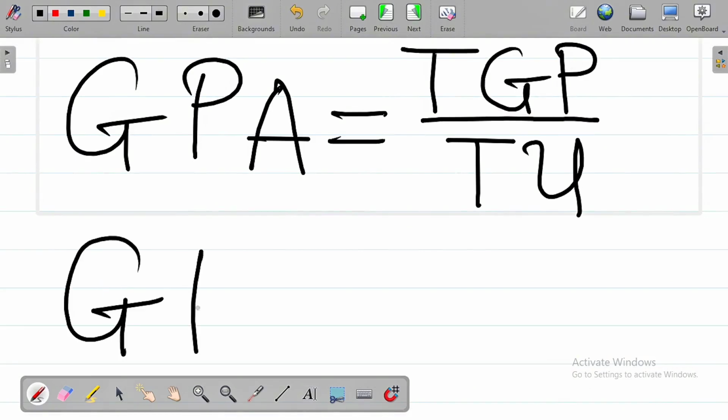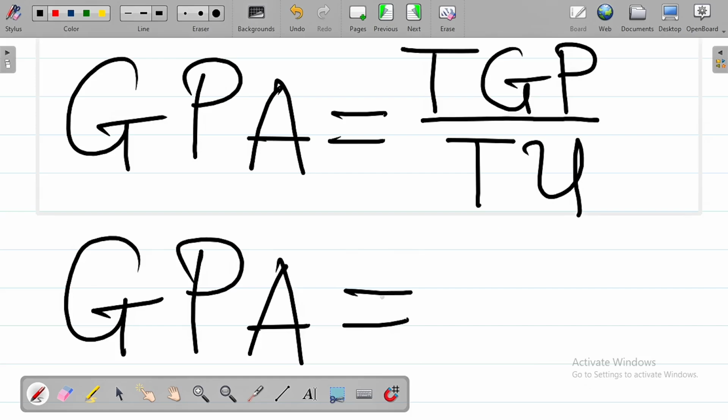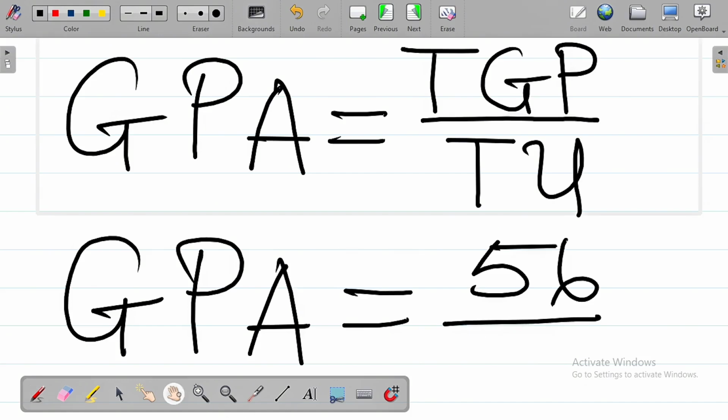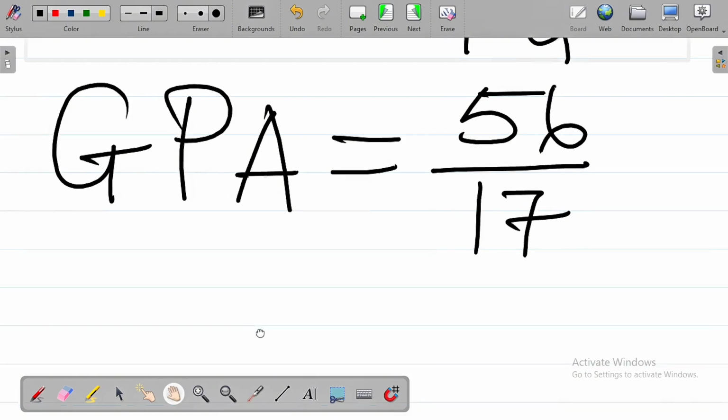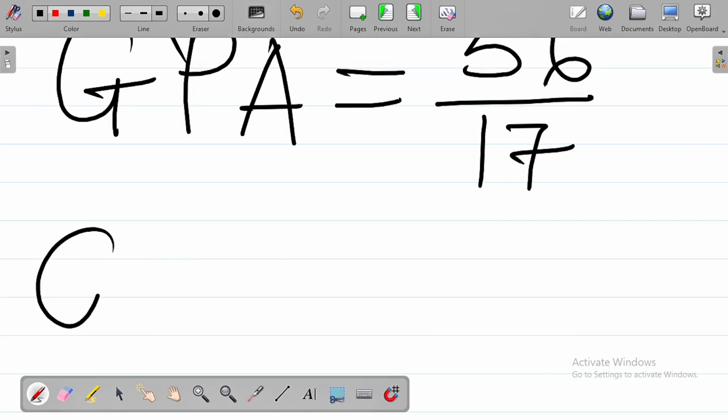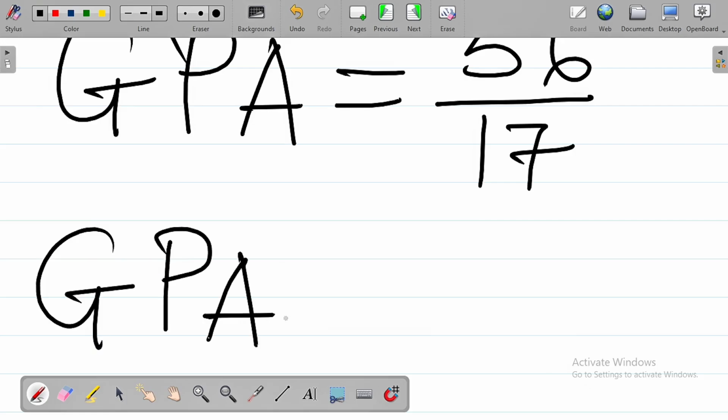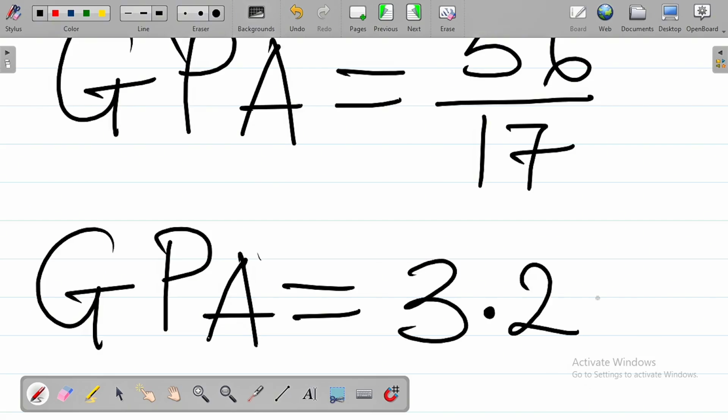So GPA is equal to 56 divided by 17. So the GPA for second semester is 56 divided by 17. 56 divided by 17 is 3.29.